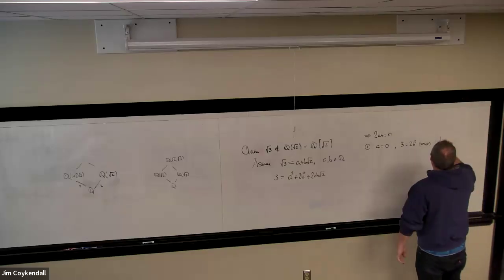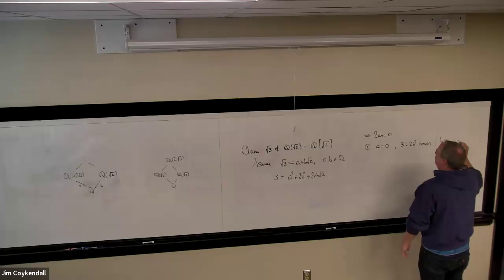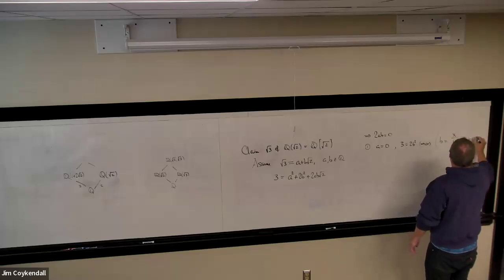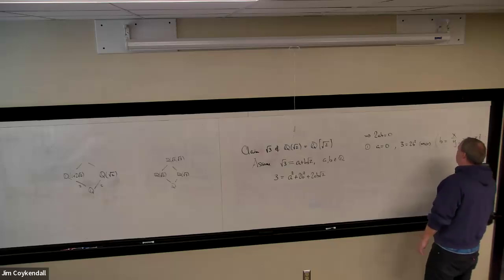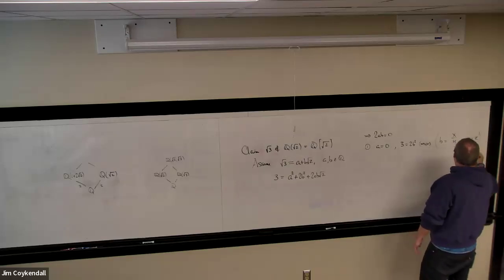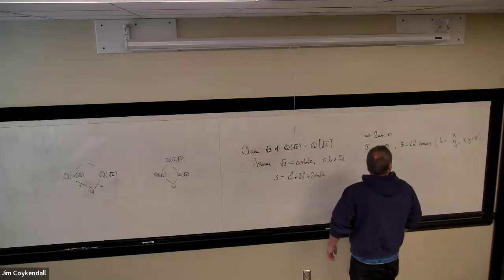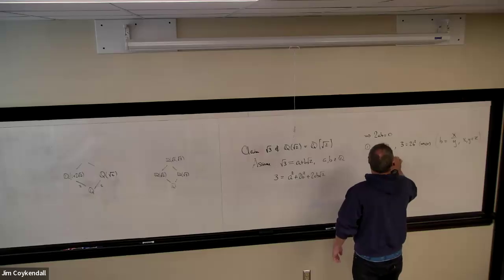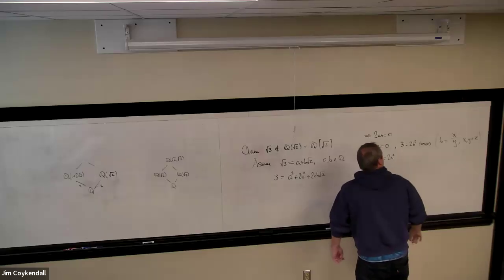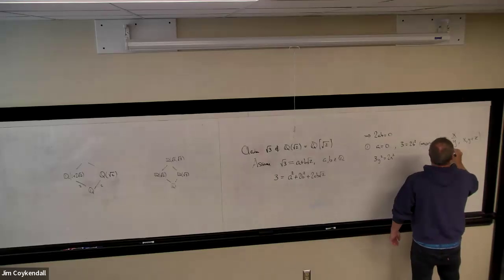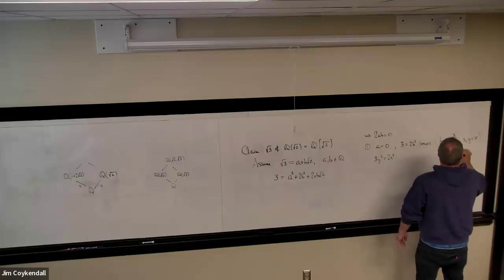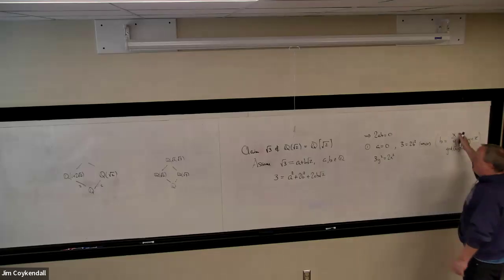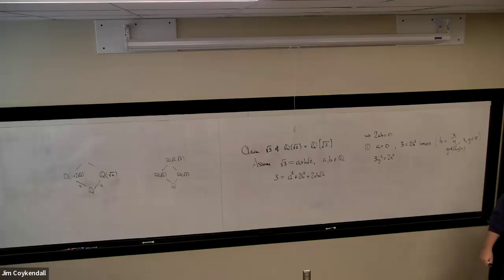Suppose b equals x over y, with x, y in the integers, and of course y is not zero. We can also assume the GCD of x and y equals 1. That is, I can assume my fraction is reduced, to save myself a little trouble.